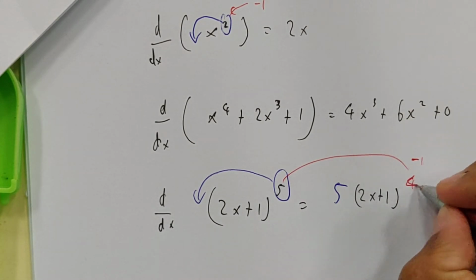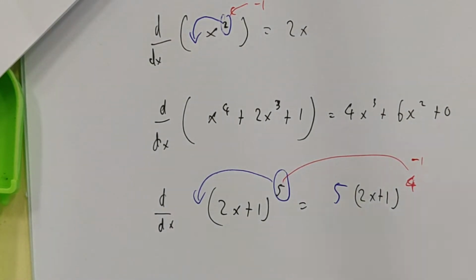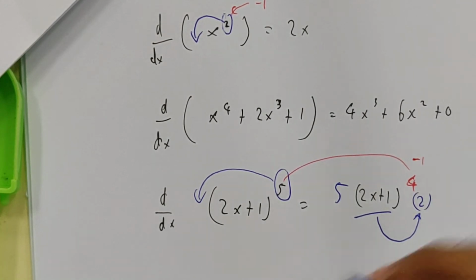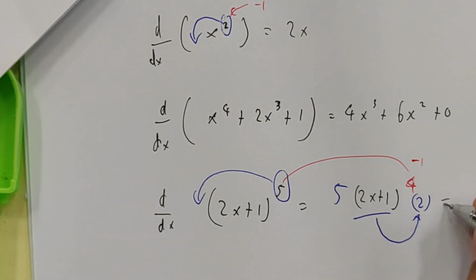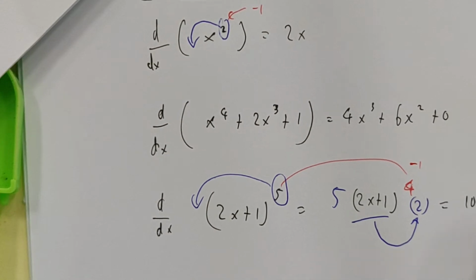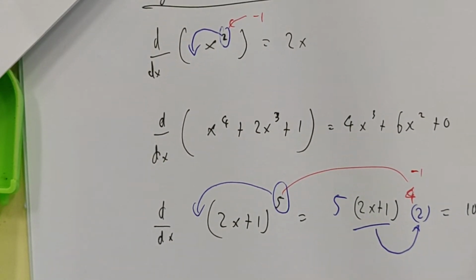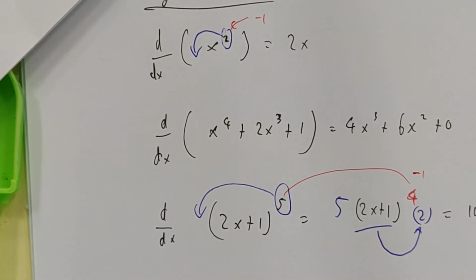Are we done? No. What should we do now? Differentiate inside. I got 2. Of course you can summarize things, becomes 10 (2x plus 1) power 4. Okay, this is also the basics of differentiation.